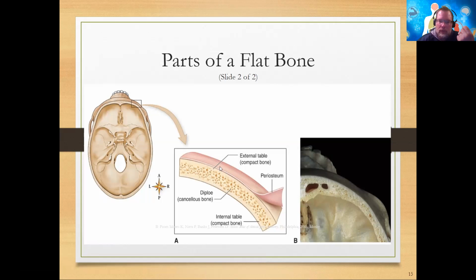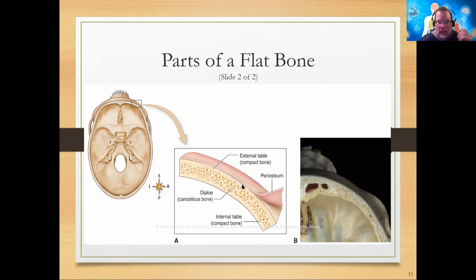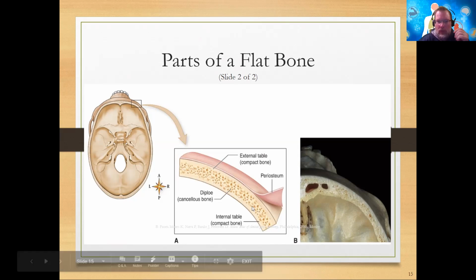Okay, so we still have periosteum. We still have compact bone. Then we have spongy bone making up the bulk of the flat or irregular, the non-long bones. And then we have more compact bone and then more periosteum. So it's basically just kind of like a layered sandwich where you've got the buns, the periosteum buns, and then maybe a piece of cheese for the compact bone on the top bun and the bottom bun, and then a burger right in between, making up your spongy bone.